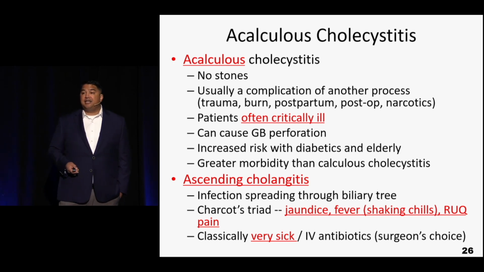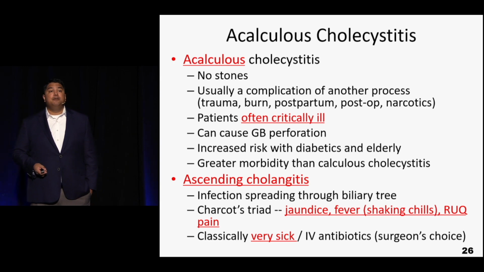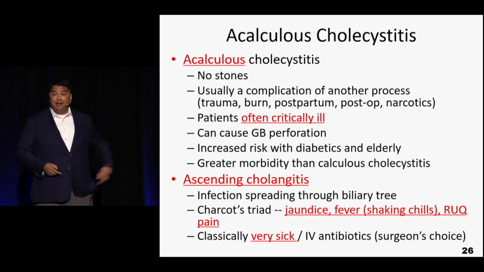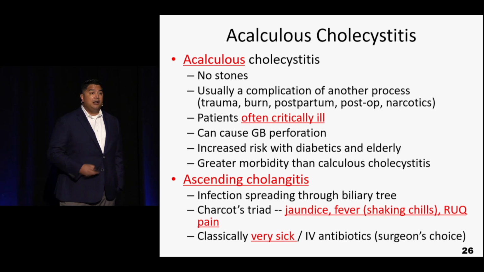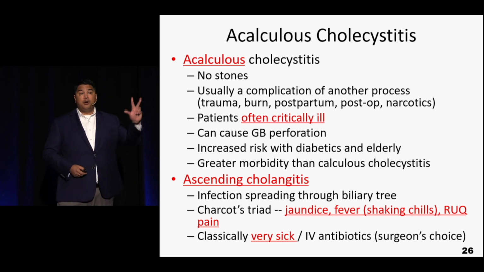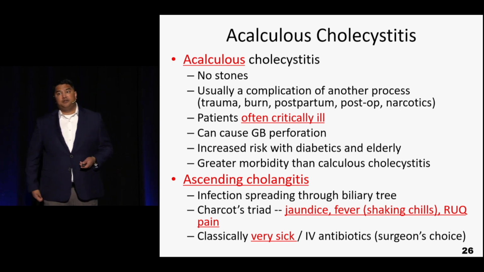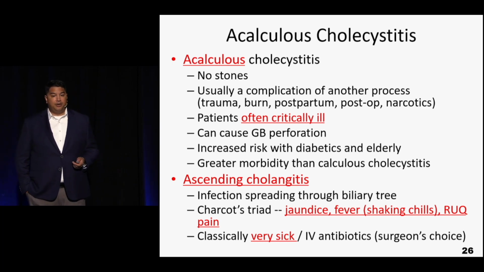Ascending cholangitis can be caused by a stone in the biliary tree. You saw that graphic a few slides ago. I've seen patients with jaundice and right upper quadrant pain, like that gentleman I was telling you about earlier. And I've seen patients with fever and right upper quadrant pain. It's pretty rare you get all three together. And when you do, that Charcot's triad, very concerning for something very serious going on there.